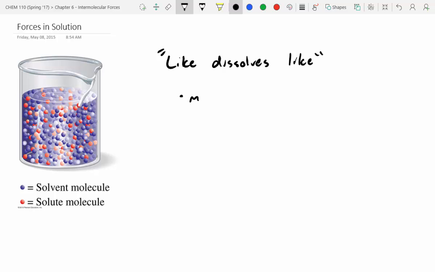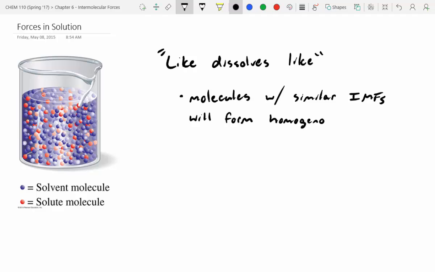So molecules with similar intermolecular forces tend to be soluble. Another way of describing this is we describe them as miscible. Miscible just means that they mix evenly, right?